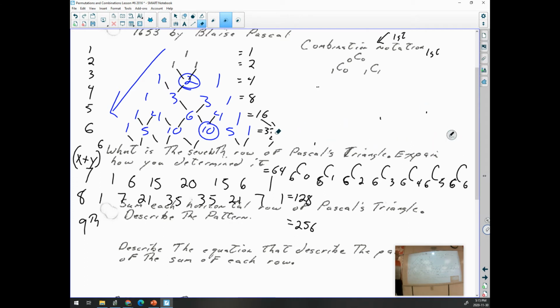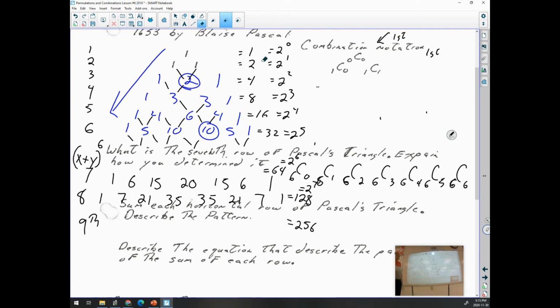Now, I'm just going to erase this here because I want a little bit of room. Instead of writing what I did there, I can write it as 2 to the 0, 2 to the 1, 2 to the 2, 2 to the 3, 2 to the 4, and so forth. Down here I have 2 to the 6, and finally 2 to the 7.